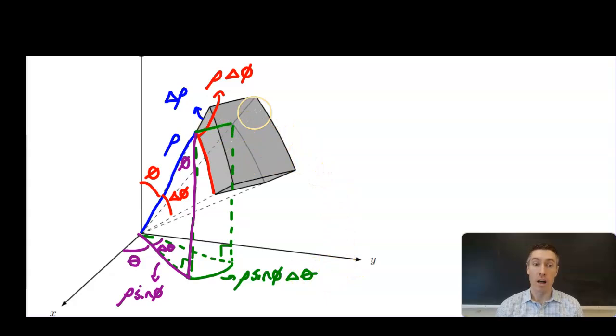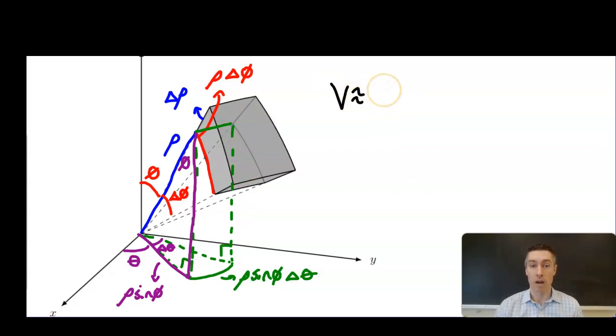Now, defining the volume of this region, even though some of the sides are slightly curved, remember we're picturing this to be an infinitesimally small part of the larger spherical region. And in the infinitesimally small version of this, the curvature of each side is negligible. So we can just use length times width times height to define this volume.